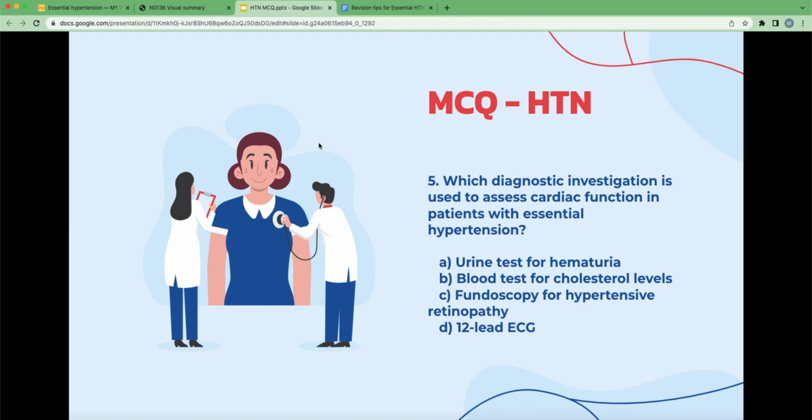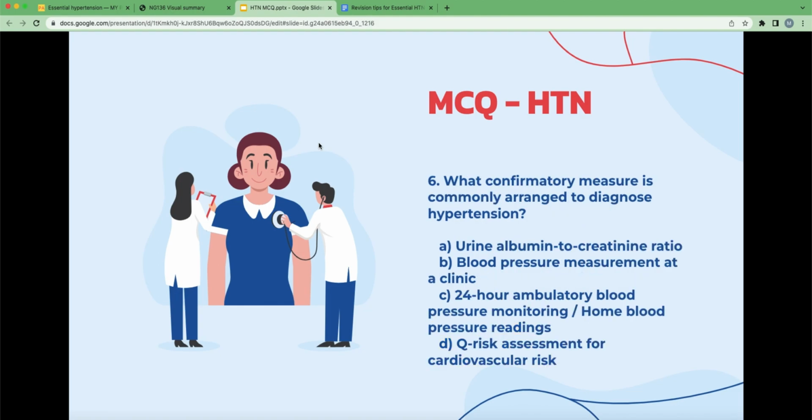D, 12-lead ECG. The answer is 12-lead ECG. All the other ones are good investigations, but it answers the question. So that's the trick about SBAs, okay? Always read the question properly, because all of these ones were right, but only one answered the question.